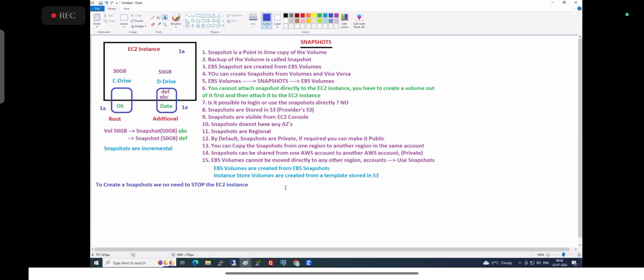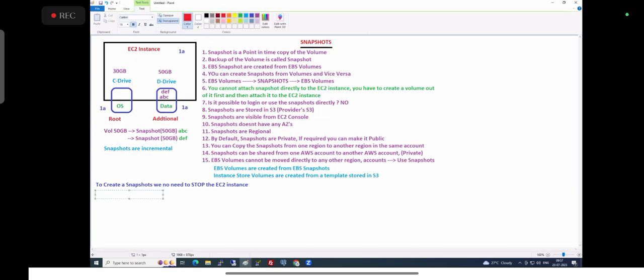So how do you identify your volumes? Using tags. And what is this feature called? Data Lifecycle Manager. It is used to take snapshots automatically, or you can schedule it.